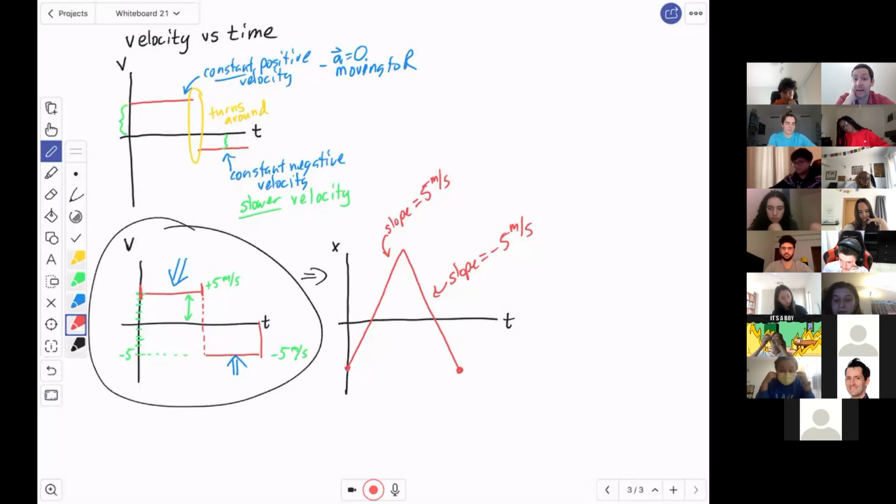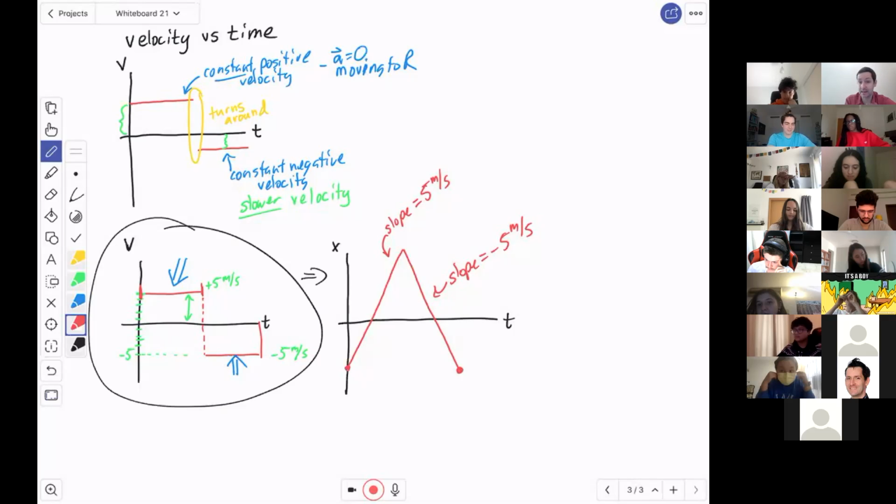Yep, exactly. You can have a graph that looks like any of these, but the y-axis can change. It could be a displacement graph or a velocity graph or even an acceleration graph. We have to get comfortable with looking at that y-axis and interpreting what is happening.